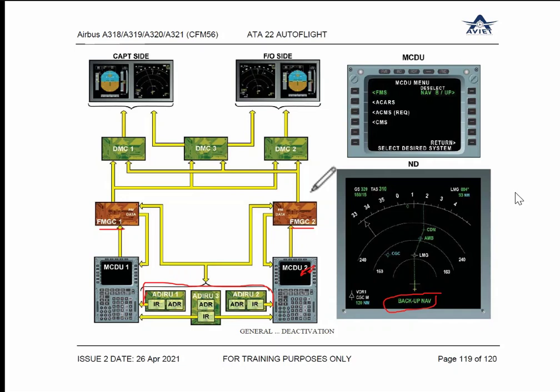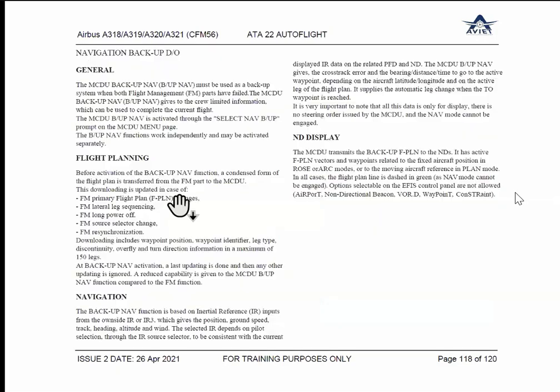So selected mode of auto flight can be used even for the backup navigation. I think in managed mode we cannot use the autopilot, but in selected mode we can still use the autopilot for the backup navigation.